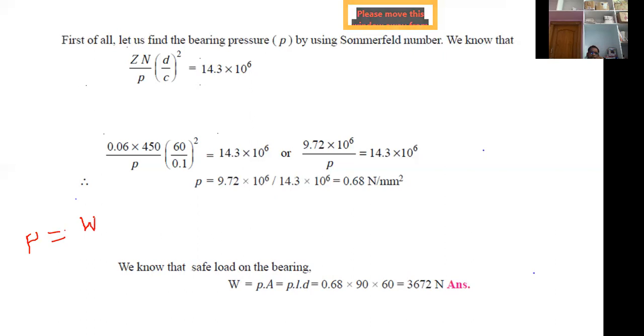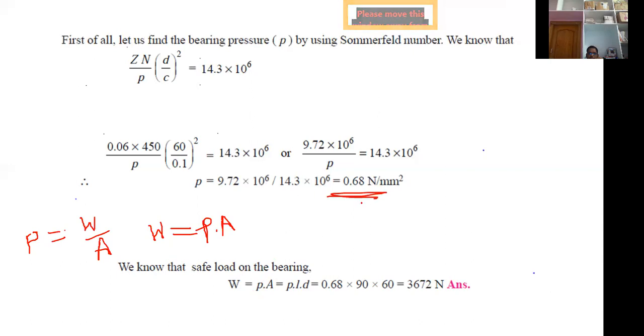So from this formula, load W equal to bearing pressure P into area. This is the formula for load. So from this formula, you get the answer W. Here the value of P is obtained from the previous step.